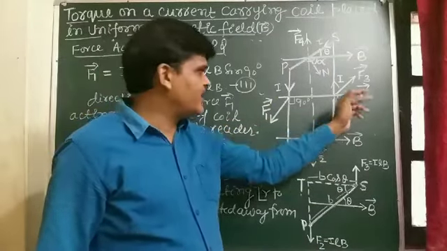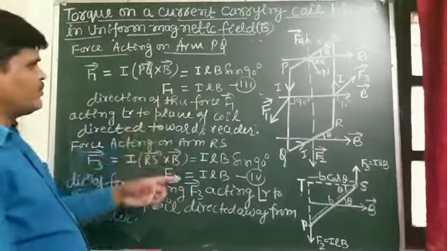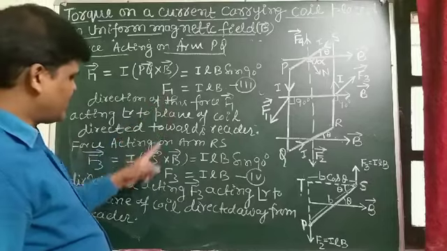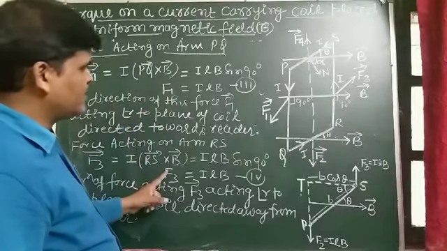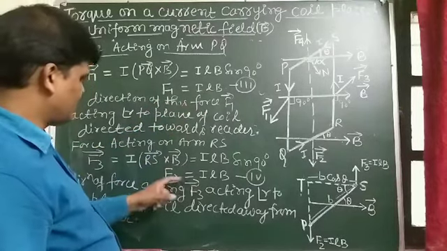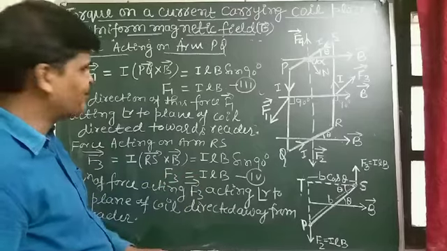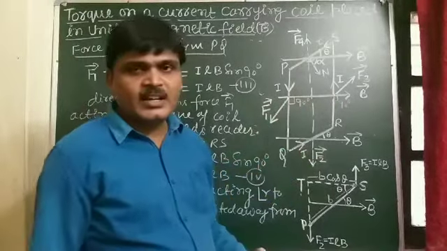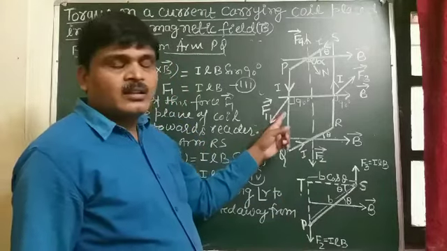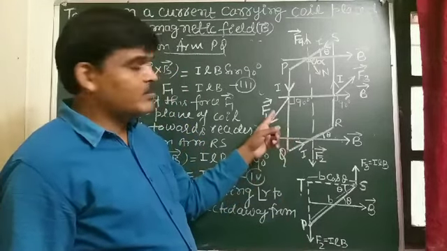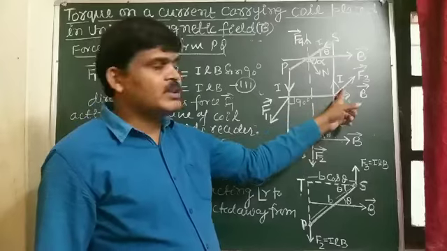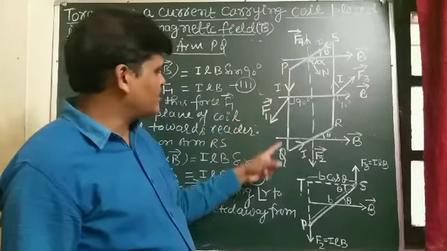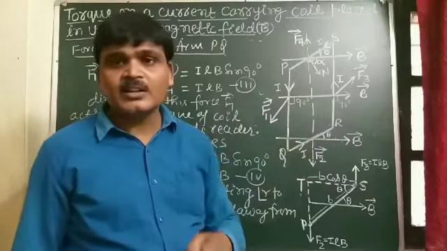But magnitude of F1 and F3, that is what, ILB, and also here ILB. So student, from the figure we can see that the magnitude of force F1 and F3, which is acting on PQ and RS, is equal.